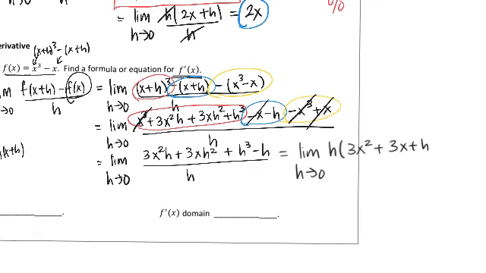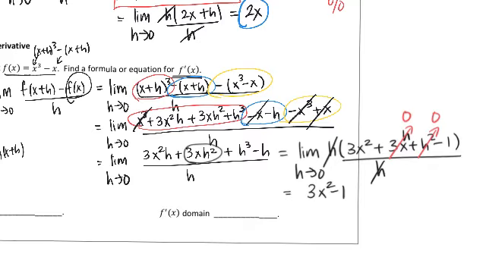And if we pull the h out as a factor, then we can cancel it. And now if you put in, oh, I dropped a little h here, right? This one, when you pull out an h, it's going to be 3xh. So now if you put in 0, then this term has a 0, so it becomes 0. This term has a 0, so that becomes 0. So what we're going to be left with is 3x squared minus 1, okay?